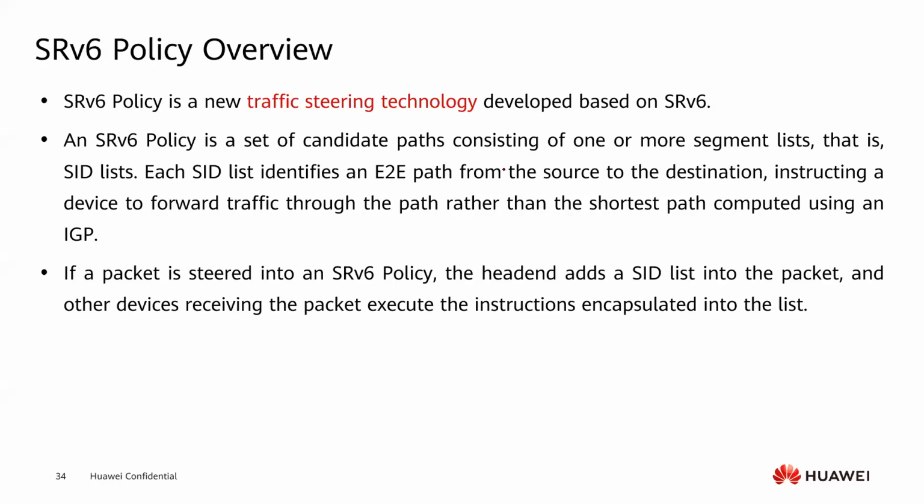Okay, so what is the policy? The policy is a new traffic steering technology developed based on SRv6. An SRv6 policy is a set of candidate paths consisting of one or more segment lists, which means in one SRv6 policy we can have multiple paths.